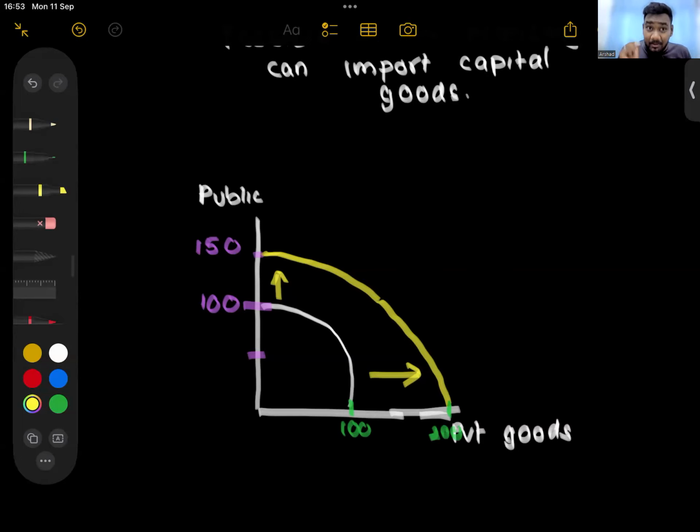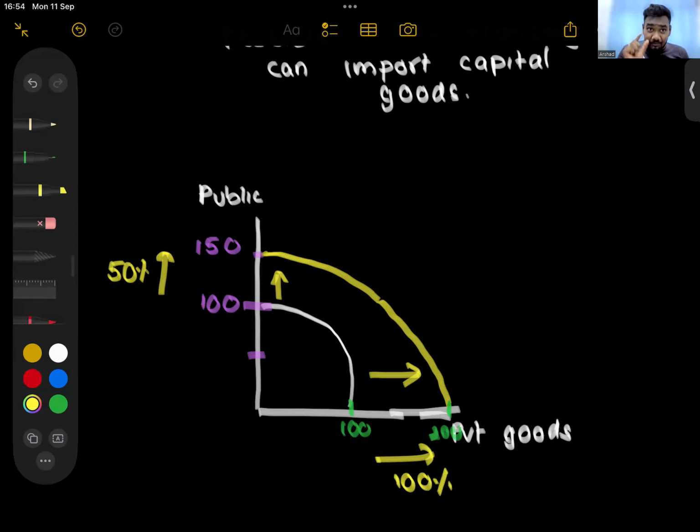When they give you numbers, when they say 50%, 100%, try to put some numbers in your PPC and explain. That's more accurate. When they show a 50% improvement, here, 100 has gone to 150. So you can say 50% over here. Then 100% improvement in private goods, 100 has gone to 200. Here, 100% growth in private goods.